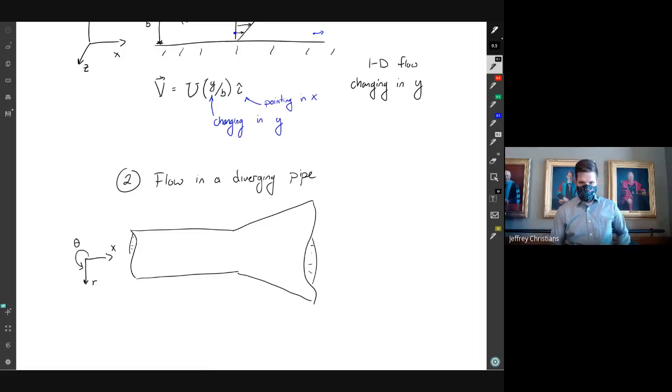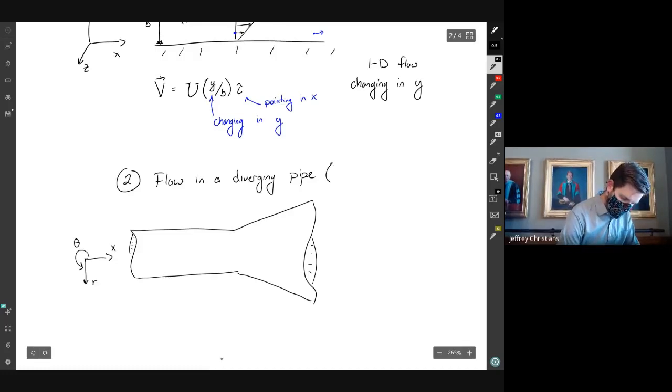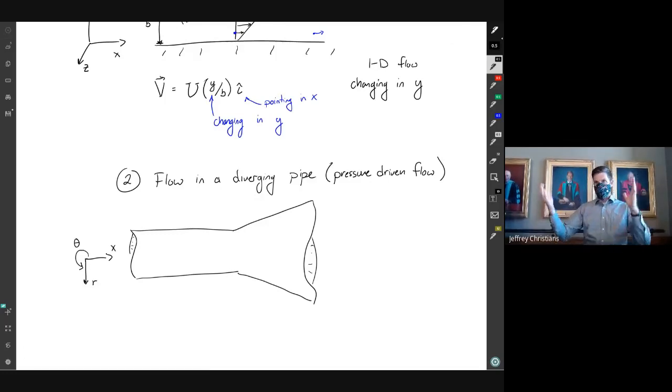Okay, this would be a pressure-driven flow. So this is liquid fluid that's being pushed along by pressure.